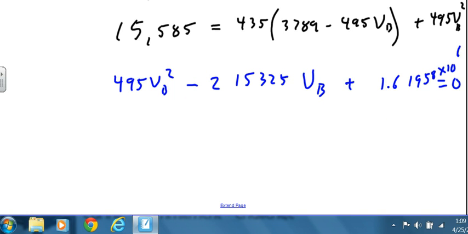All right, now I'm just going to go to my polynomial solver, and say VB is equal to something. So second function polynomial solver, my A is 495, my B is minus 2152325, and my C is 1.619588866, and I'm telling it to solve.